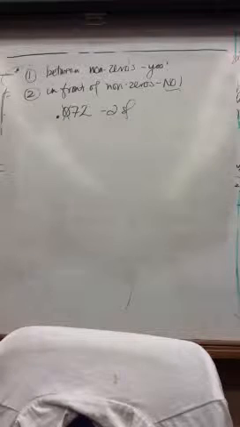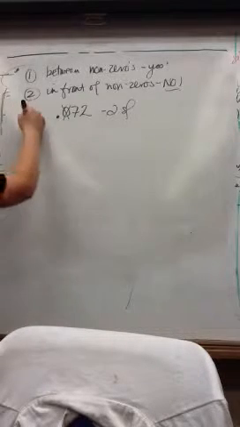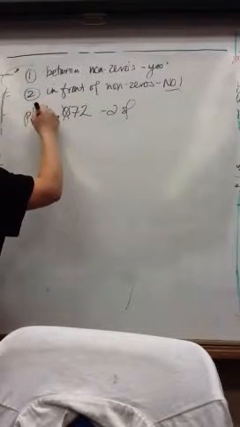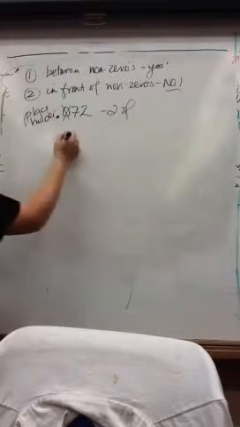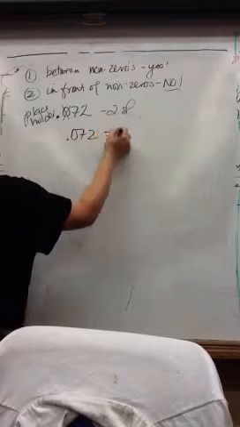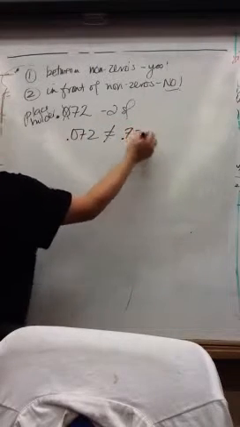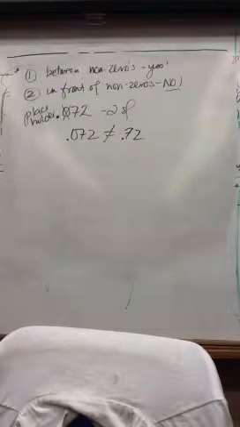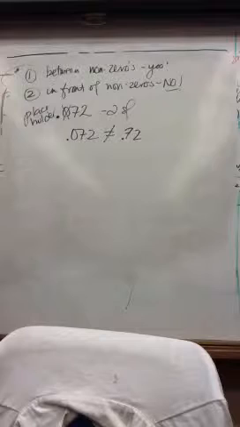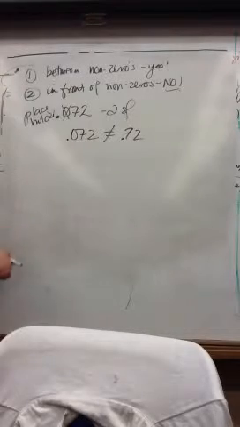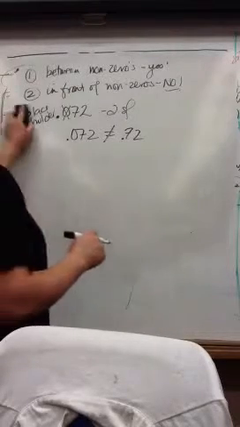Now, that's what we call a placeholder 0. Can we get rid of it altogether? No, because 0.072 is not equal to 0.72. They're not the same number. We can't get rid of that placeholder 0, but yet it's not a significant figure.